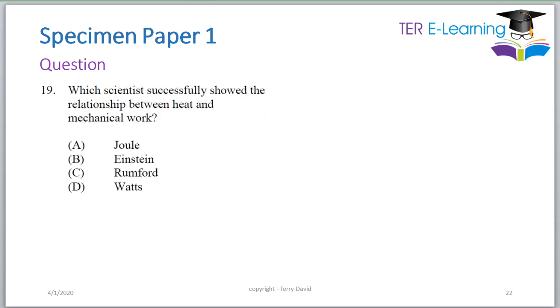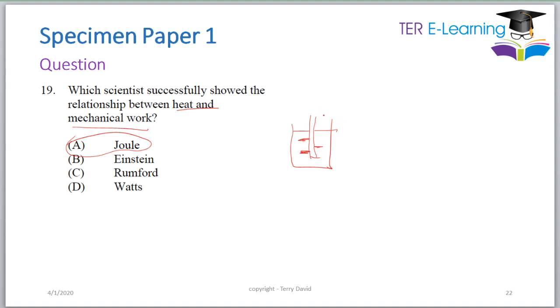Let's go into number 19. Which scientist successfully showed the relationship between heat and mechanical work? So you all should know this. This is Joule. There's an experiment that you all need to know. Basically we have a container that had water in it, and there was a paddle wheel that could spin the water.